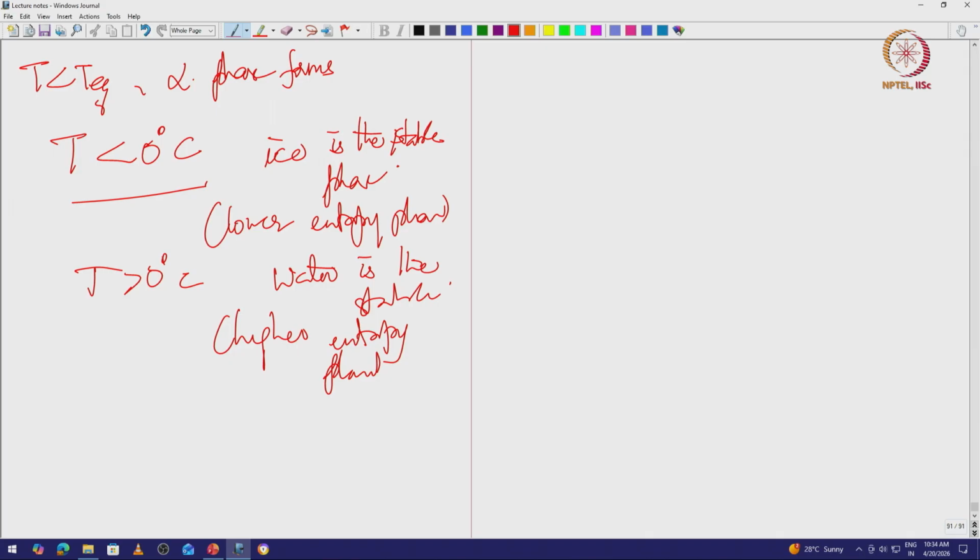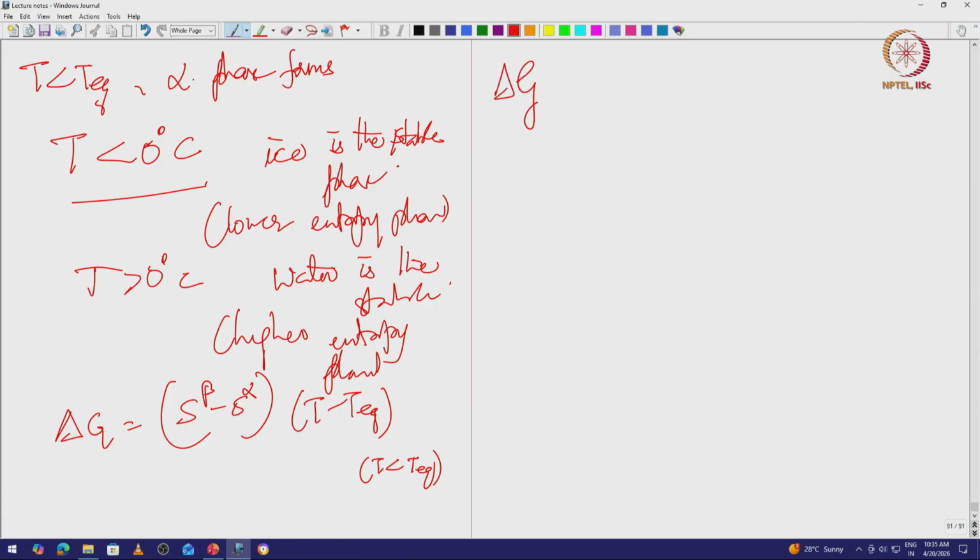Okay. So, then what is the driving force? Let us go back to delta G equal to (S beta minus S alpha) times (T minus T equilibrium). Now, this is a negative quantity if T is less than T equilibrium. So, I can as well define a delta script G, this is my driving force, equal to minus delta G, and that is equal to (S beta minus S alpha) times (T equilibrium minus T).